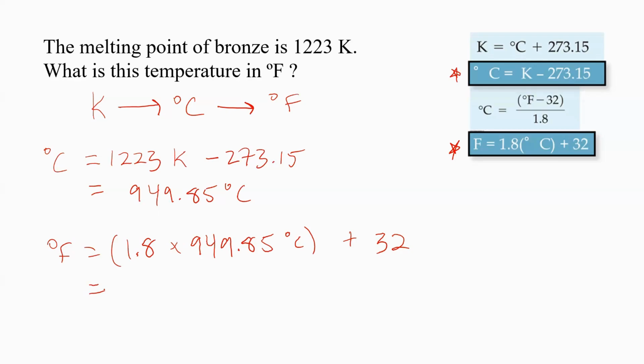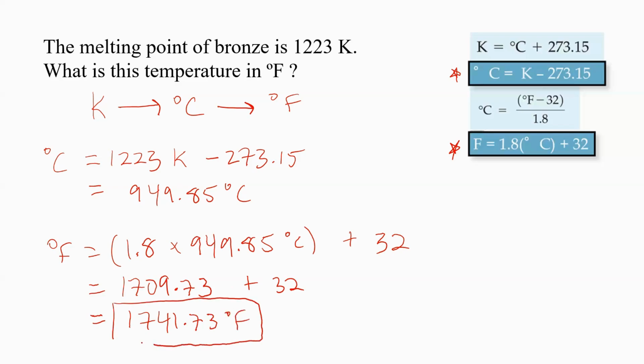So we do 949.85 times 1.8, and that should give us 1,709.73, and we add this to 32. We then do the addition, and that should give us 1,741.73 degrees Fahrenheit. There you have it.